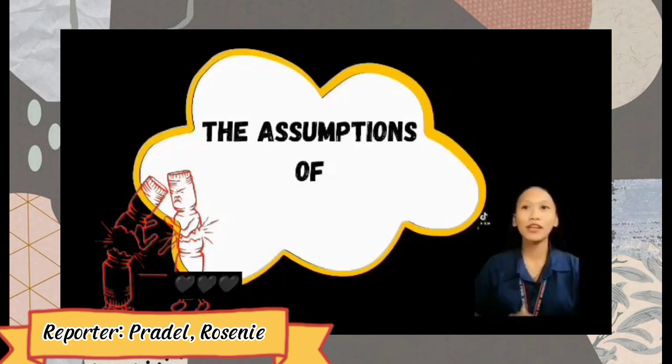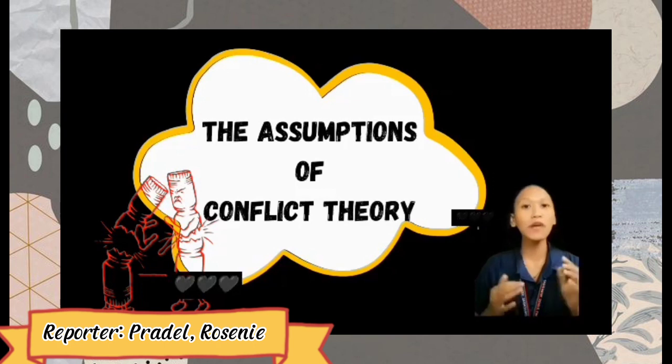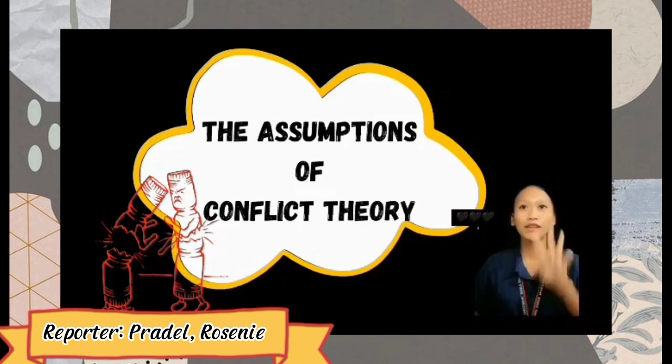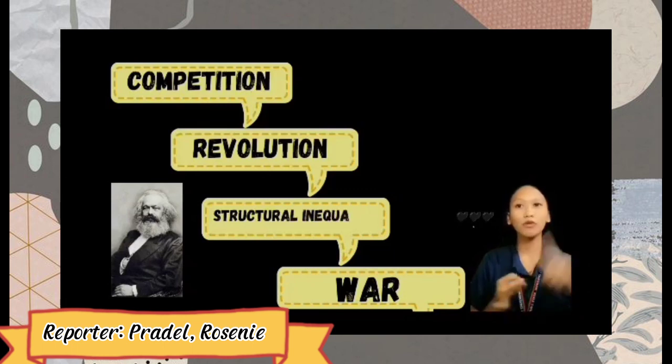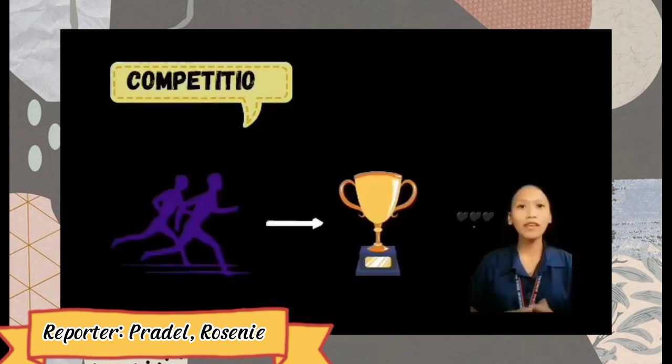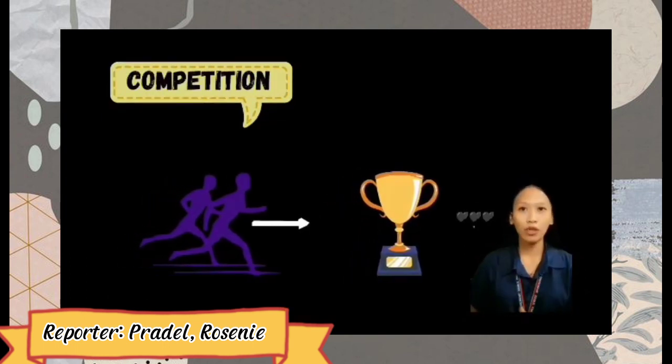So now let's proceed to the conflict theory assumptions. Currently, conflict theory has four primary assumptions that are very helpful for us to understand. The first assumption is competition, the second is revolution, the third is structural inequality, and the fourth is war. Let me first discuss what competition is in conflict theory.